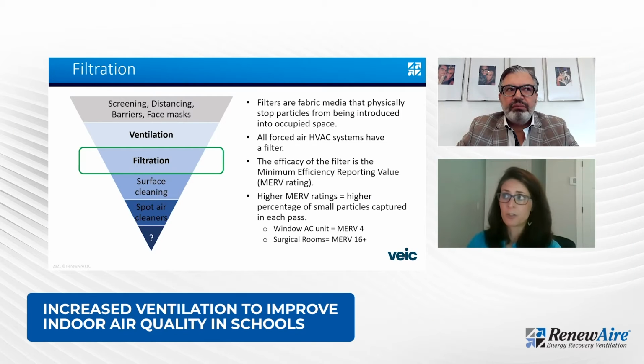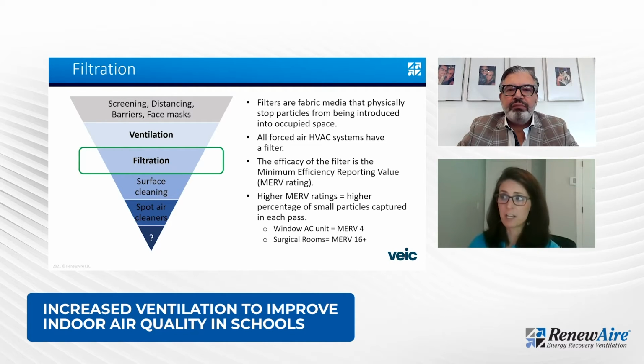You'll hear the term MERV as we're talking about filters. That's the minimum efficiency reporting value. And the key here is to understand that the higher the MERV rating of the filter, the more effective the filter is going to be. But we also want to make sure that we're matching the filter to the application.